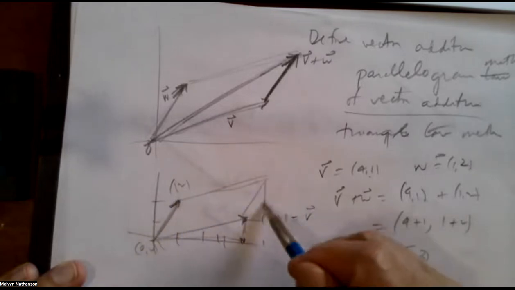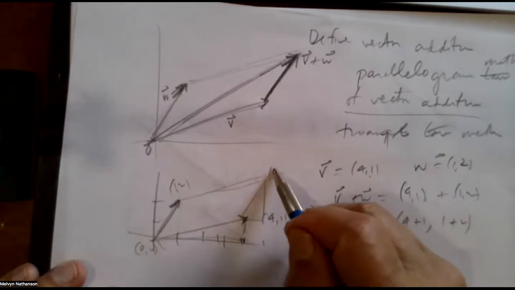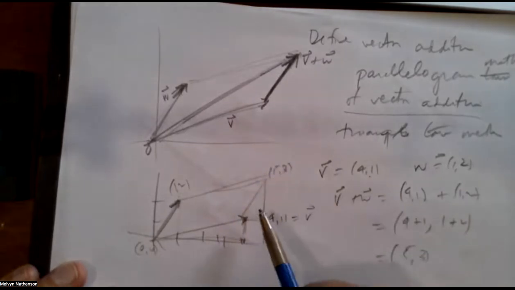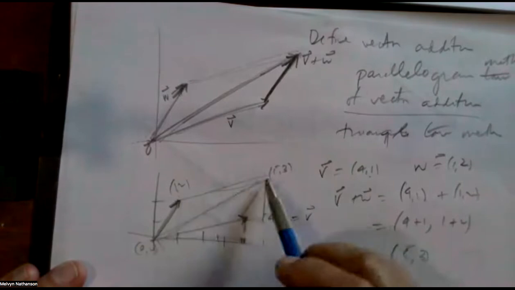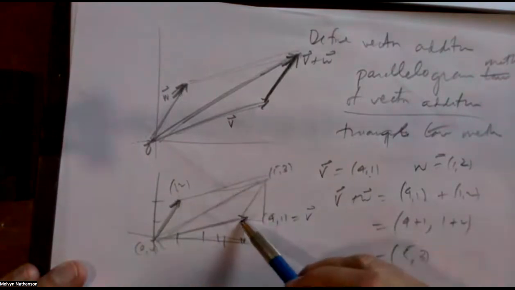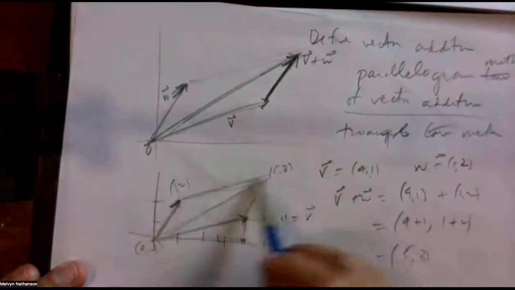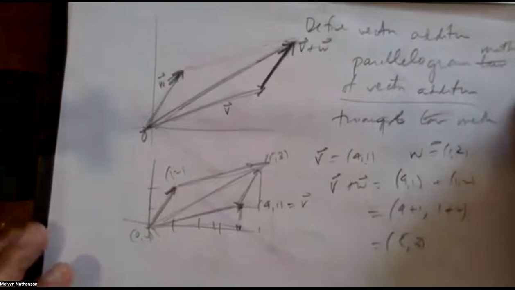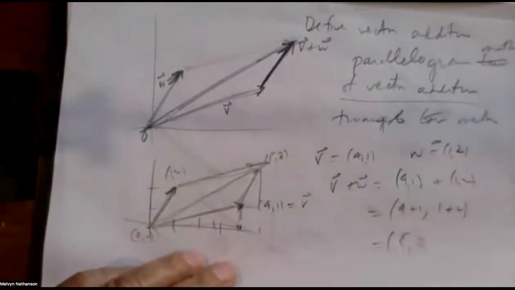You go over 1 and up 2, and you're exactly at the point (5, 3). So either from the triangle method or the parallelogram picture, you get the same point. But really, the fundamental fact is that algebraically, all you're doing is adding coordinates. And you don't have to draw the pictures.